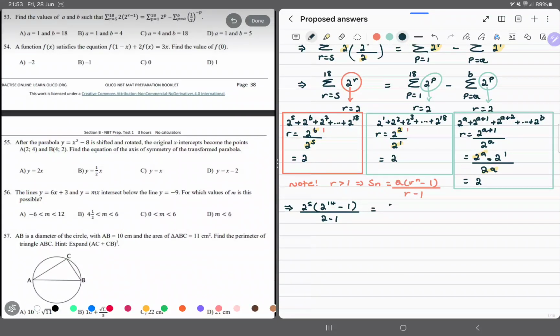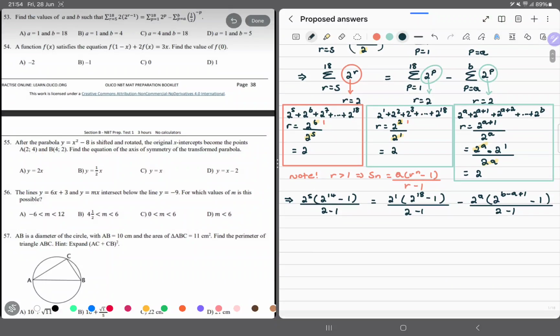It's equal to 2 to the 1 into 2. Now here we will have 18 terms. Minus 2 to the a into 2 to b minus a plus 1 minus 1 divided by 2 minus 1.